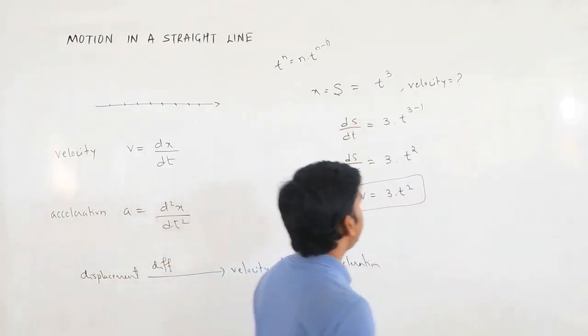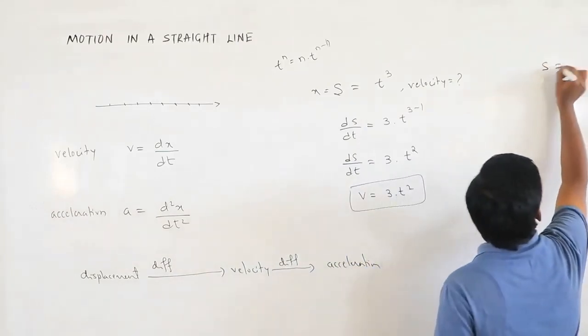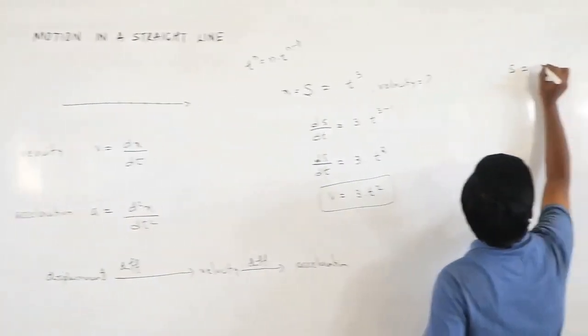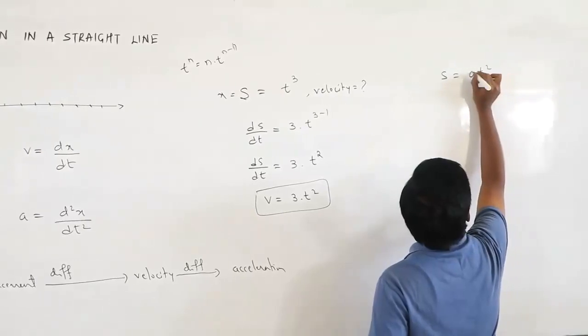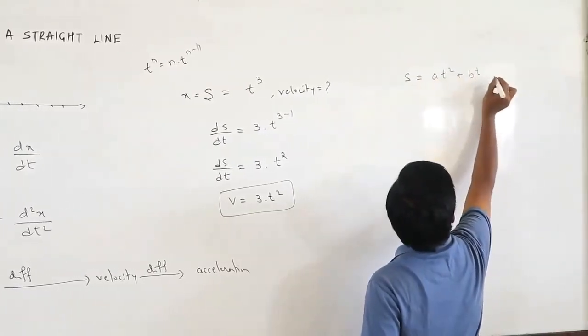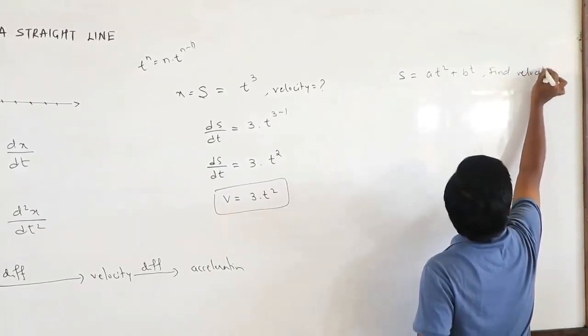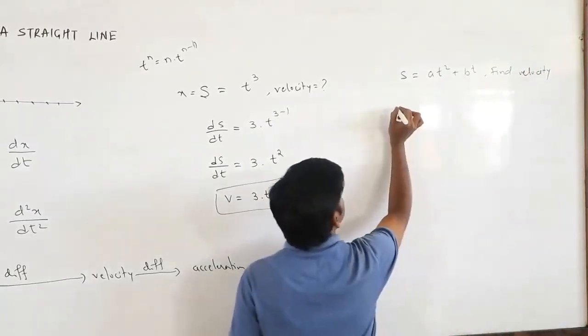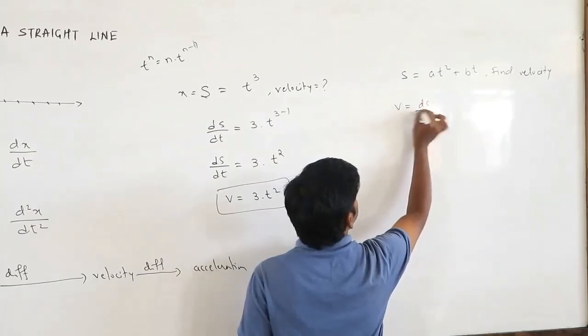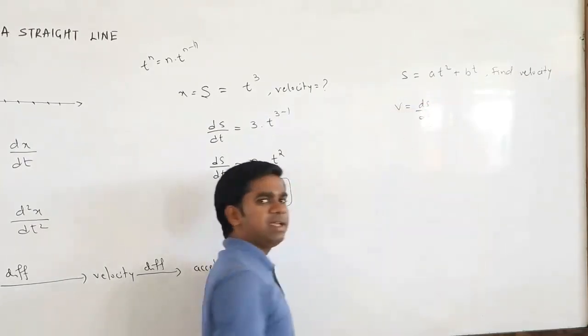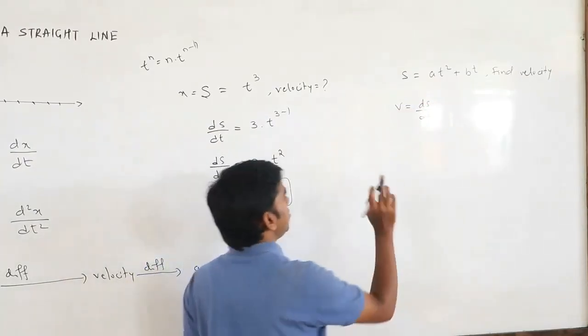If I take one more example, s equals a t square plus b t. Find velocity. Velocity equals ds by dt or dx by dt, whatever. You have to differentiate one time.